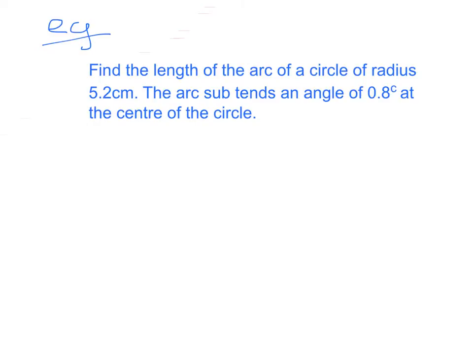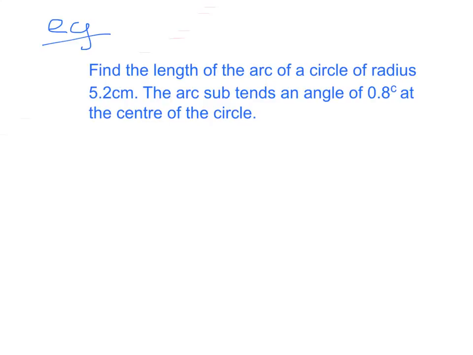I want to write in a different colour. This 0.8 radians, just have a little think to yourself how large that is. Well, we said by definition that 2 pi is 360 degrees.